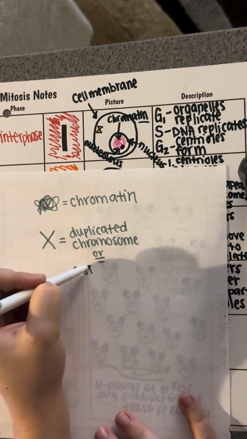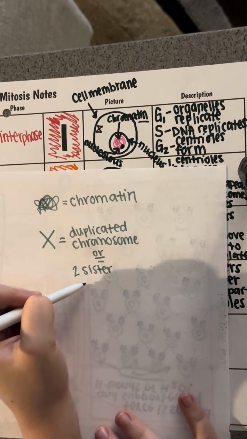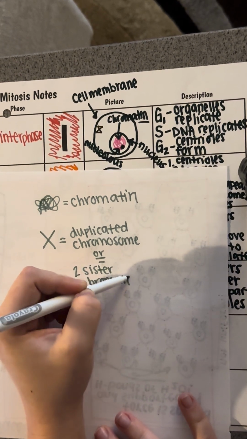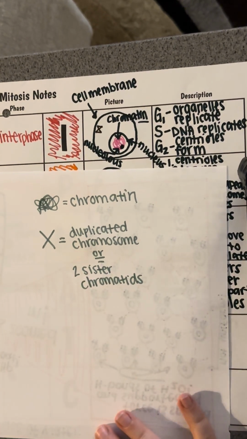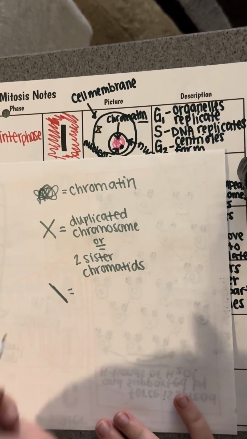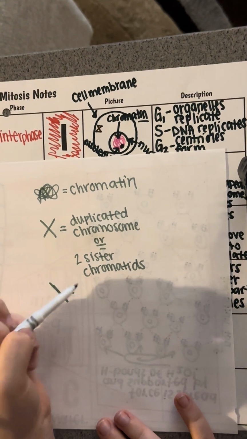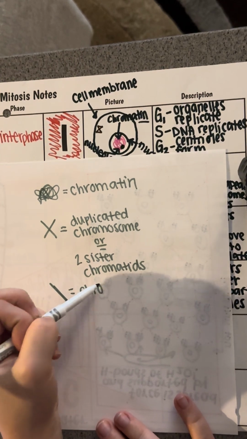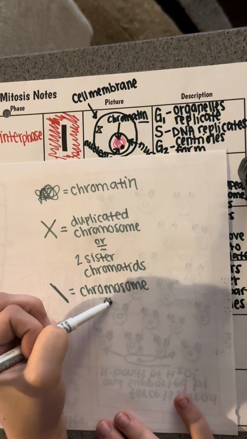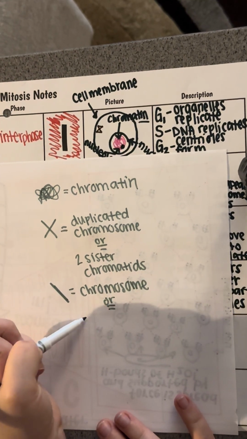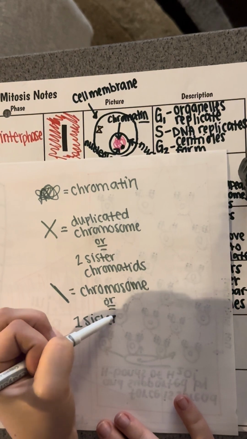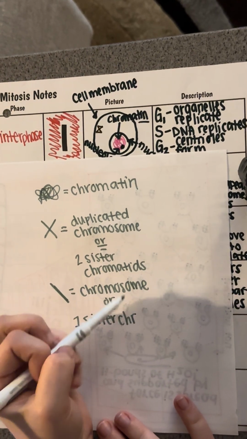So it'll be two sister chromatids. And then lastly, we're going to have just a line. This isn't duplicated. This is just a chromosome. Or, again, it goes by two names. One sister chromatid.